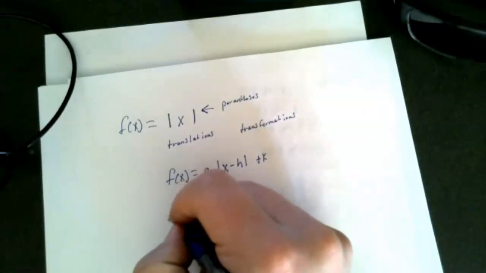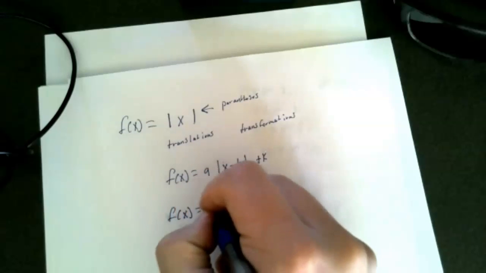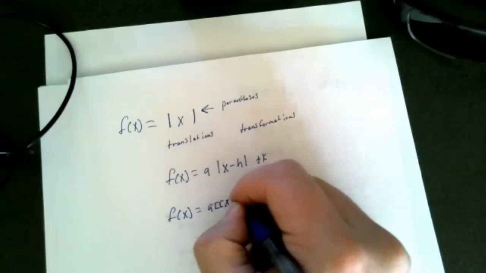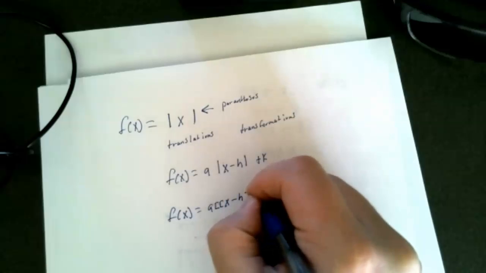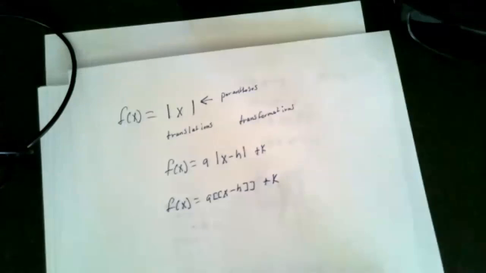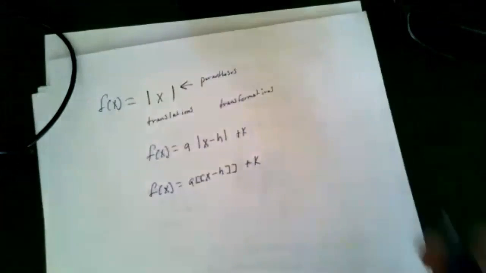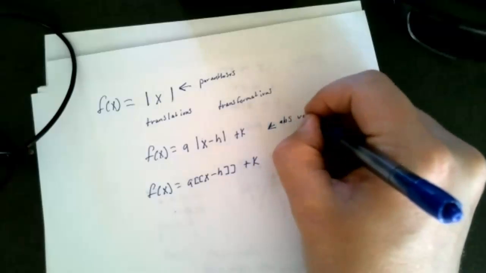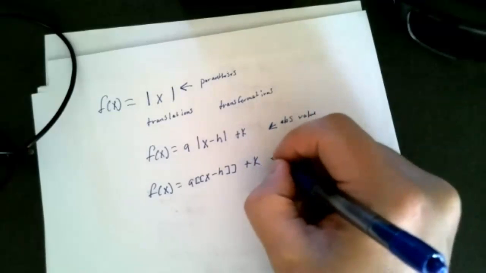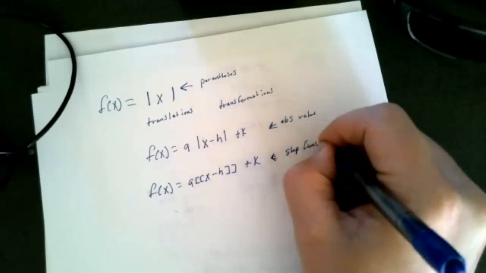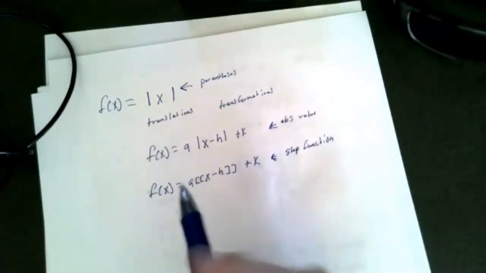Then I'll write a step function in the same way, as a double bracket x minus h double bracket plus k. So these are the two general forms. This is absolute value, and this is your step function or the greatest integer function.